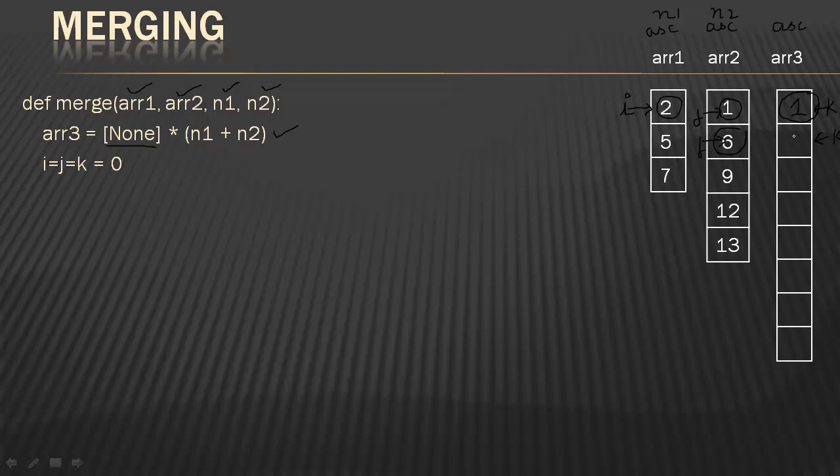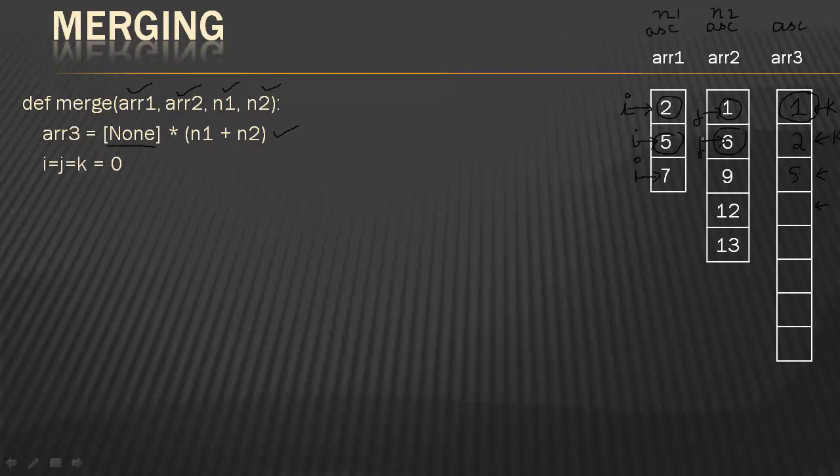Next, the comparison will be between 2 and 6. Which is smaller? 2. So I transfer 2 here, increment k. Now don't increment j because it's the ith element you transferred, and you increment I. Comparison again between 5 and 6. 5 gets transferred, you increment k and you increment I because the ith element got transferred.